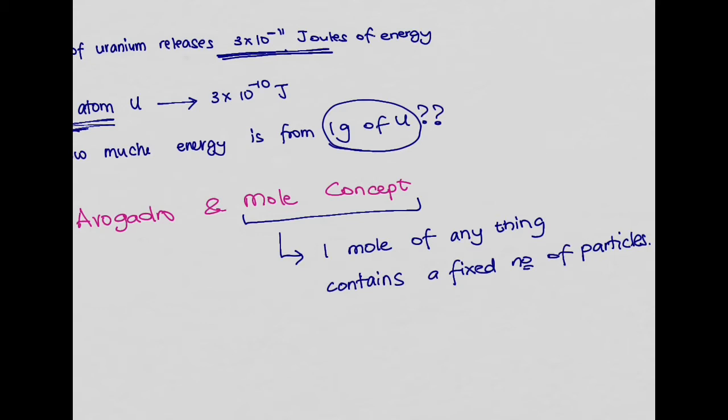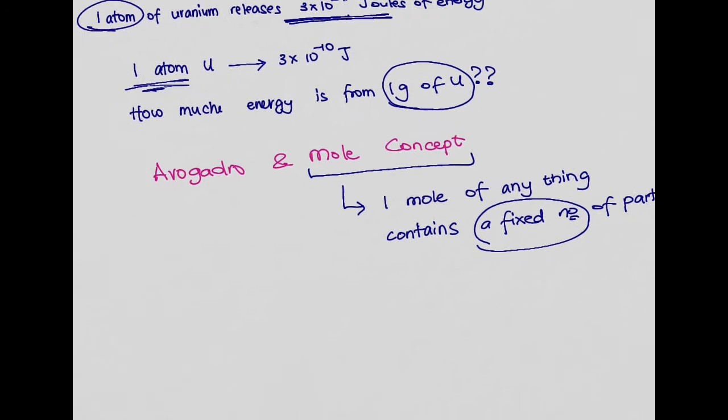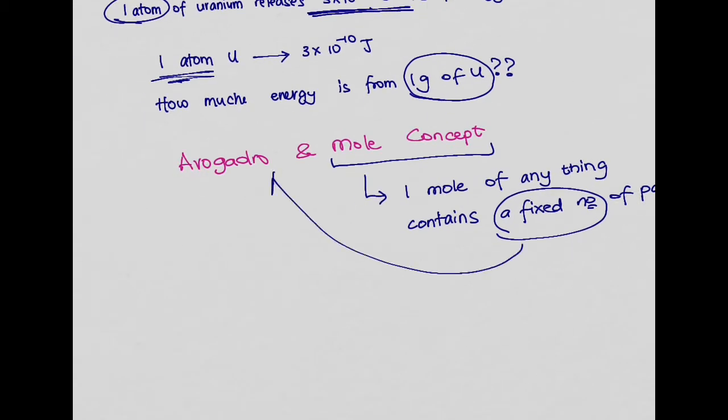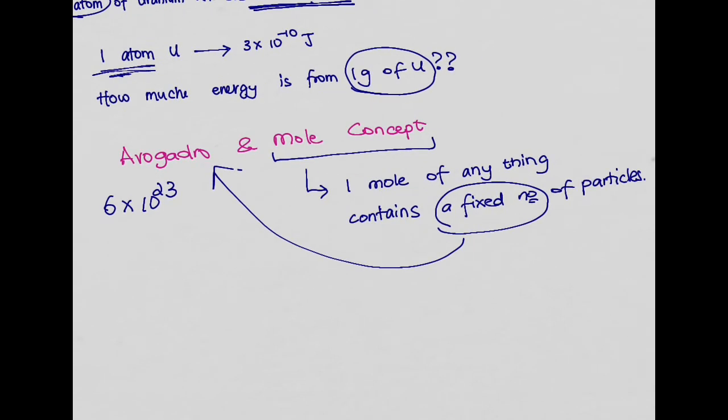Similarly, 1 mole of anything contains a fixed number of particles, and that fixed number is Avogadro's number, which is 6 times 10 to the power of 23, which means that 1 mole of anything contains 6 times 10 to the power of 23 particles.